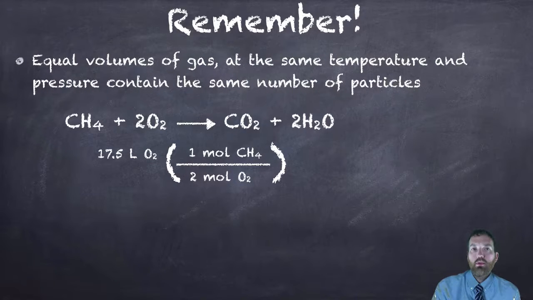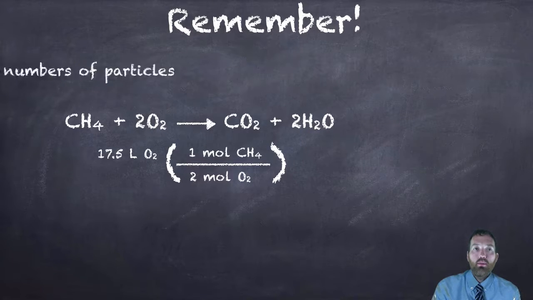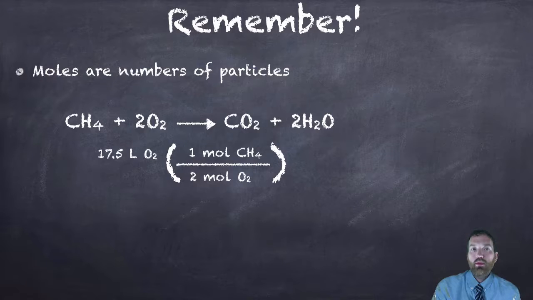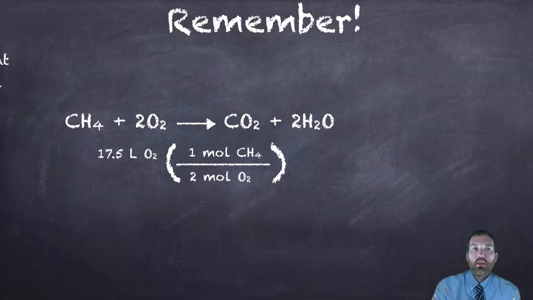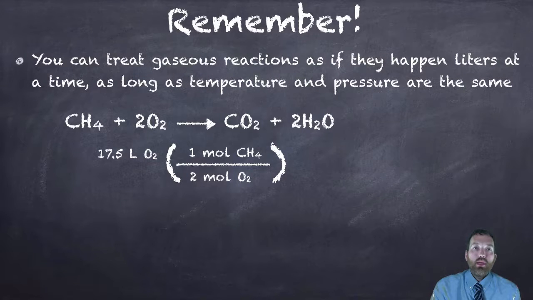So remember, equal volumes of gas at the same temperature and pressure contain the same number of particles. And moles are a number of particles. A mole is really Avogadro's number of particles. So you can treat a gaseous reaction, that means if everything's a gas and it's at STP, as if they happen liters at a time as long as the temperature and pressure are the same.